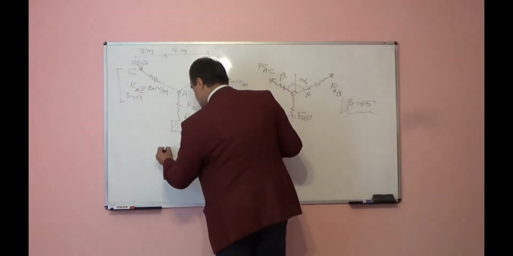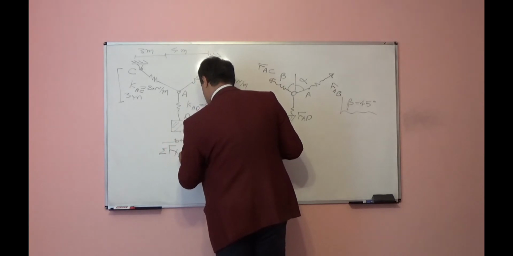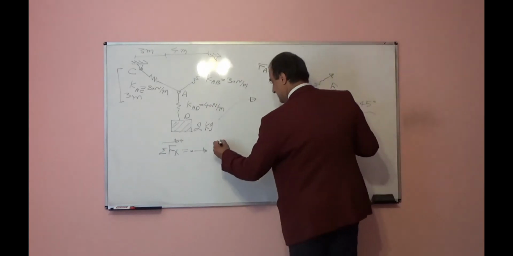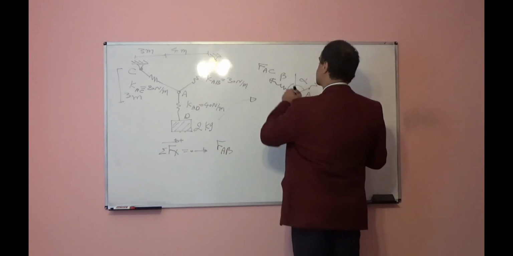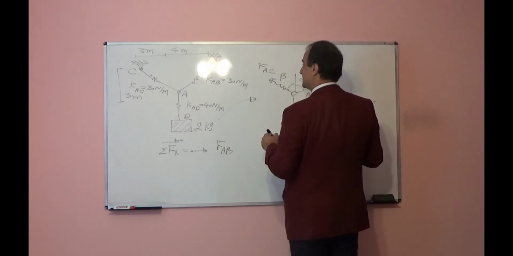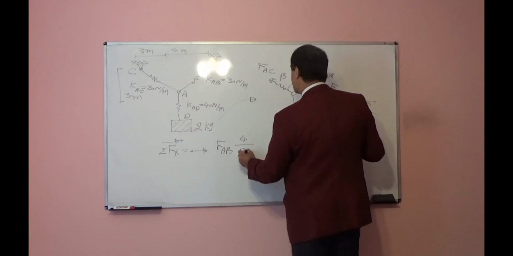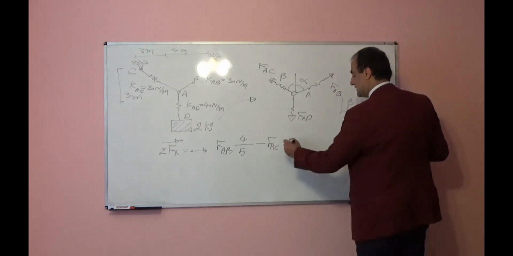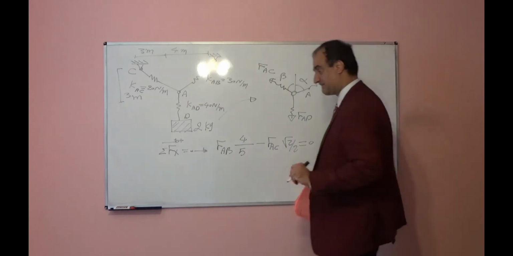Summation of forces in the x direction is equal to 0. From there we can write F AB sine of alpha, sine of alpha will be 4/5, minus F AC sine of beta, square root of 2 over 2, is equal to 0.